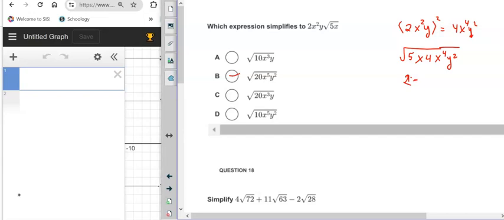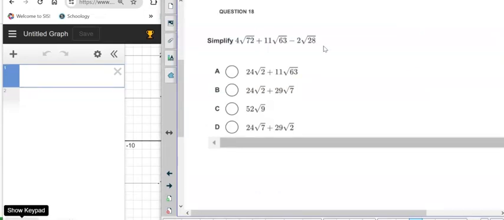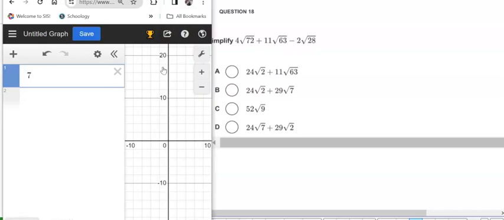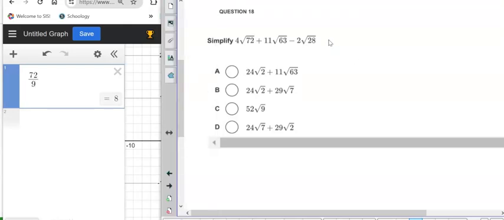Okay, for this question, I have 3 radicals. I do need to simplify each one. So you have here 72. I believe 9 is the factor that goes into 72. So the first radical, I'm going to say square root of 9 times square root of 8, plus 11.